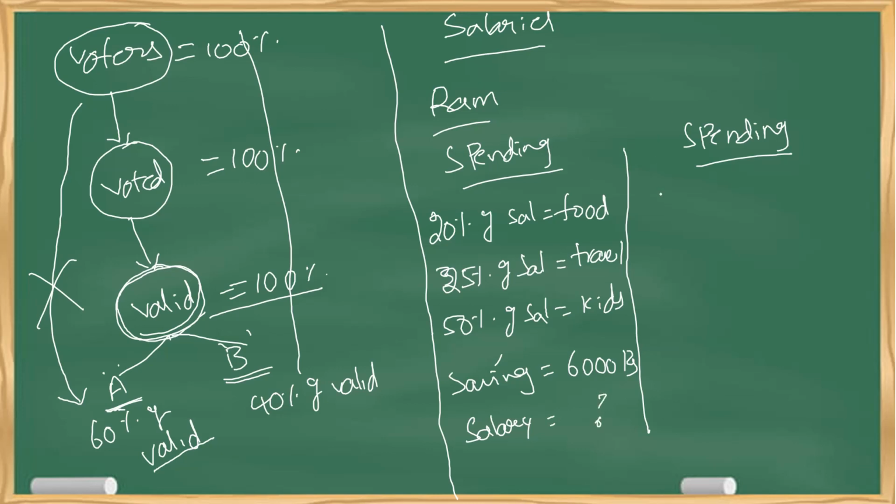This is one kind of question. The next one is 20% of salary on food he is spending, the same kind of question.